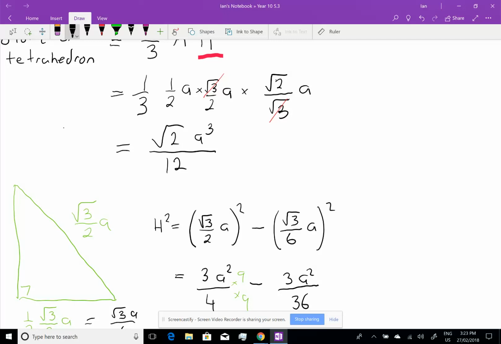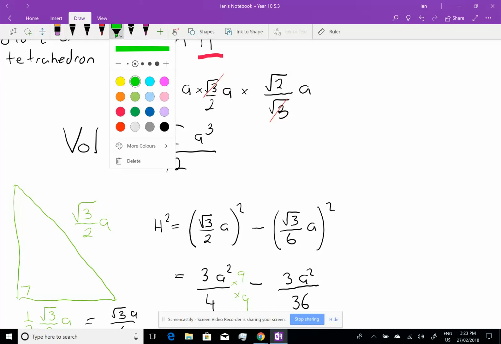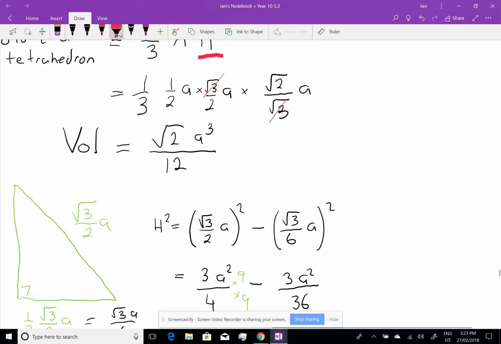And that is the formula for the volume of a tetrahedron. If you looked up the internet, you would have seen it. Root 2 a cubed on 12. There's your volume.